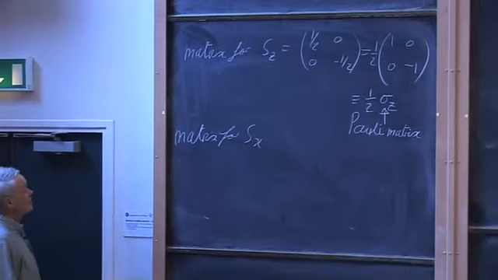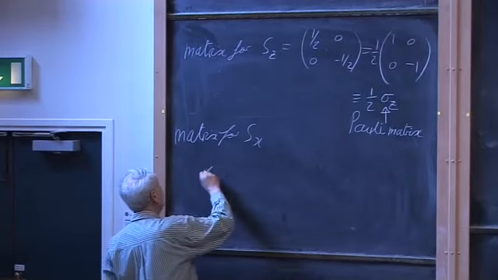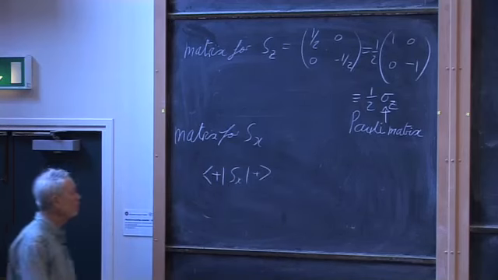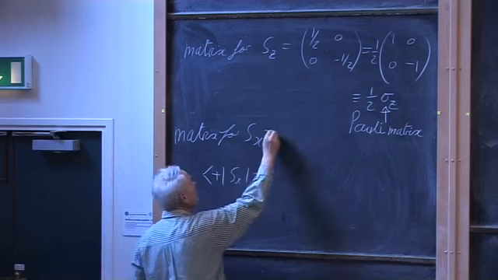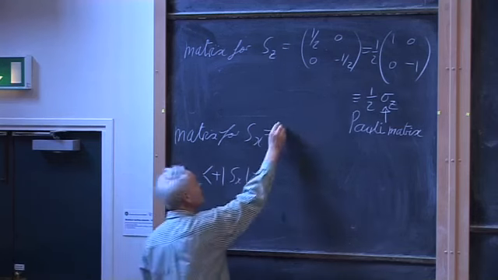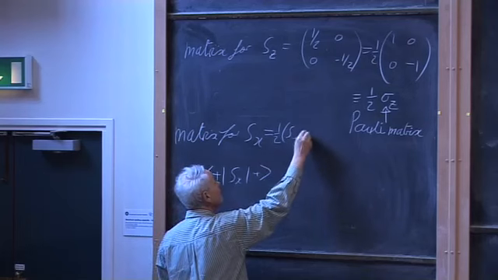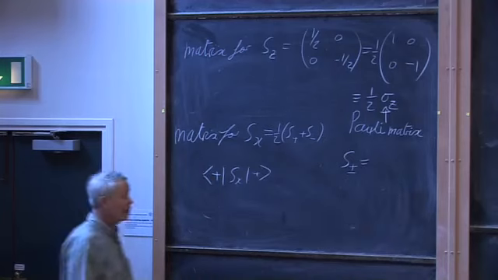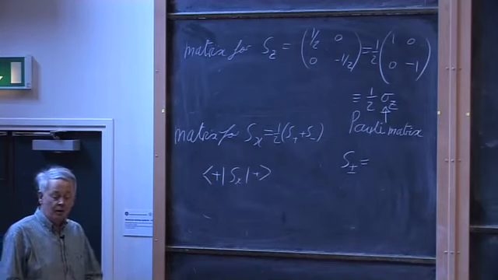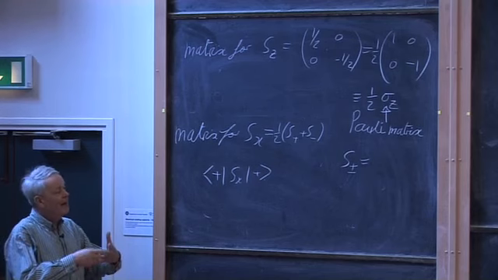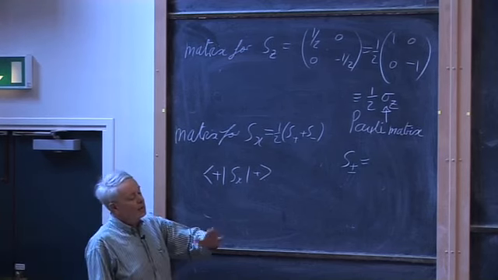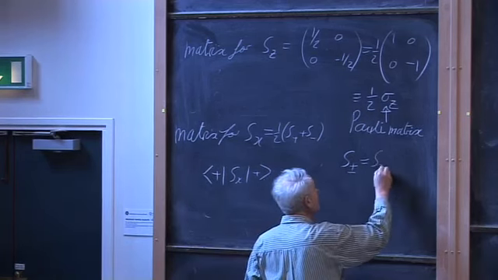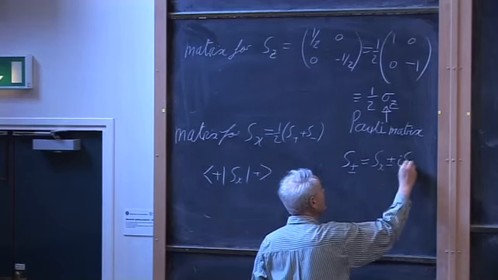So the matrix for Sx is going to involve things, well, we're going to have, for example, plus Sx plus, this is a complex number, we want to know which complex number, and the secret of calculating this is to write Sx as a half of S plus plus S minus, where S plus and minus are the operators that we already introduced in the context of J and L to reorient the angular momentum either towards the z-axis or away from the z-axis. So these are Sx plus and minus i times Sy, right?